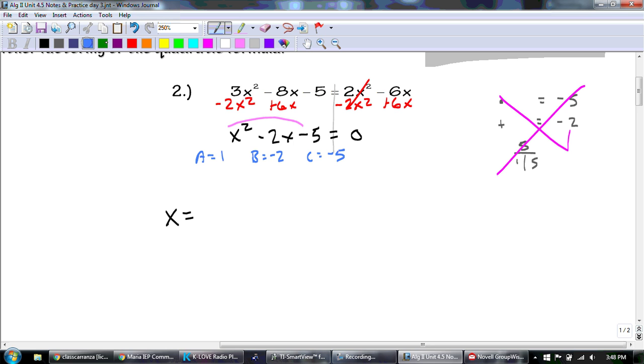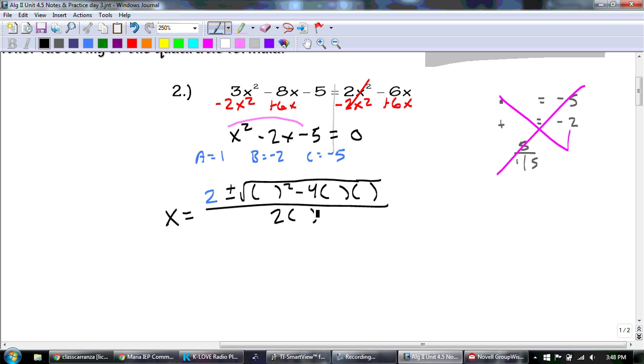So x equals the opposite of b plus or minus the square root of b squared minus 4ac, all divided by 2a. So we have b negative 2, a, and c, all divided by 2a.